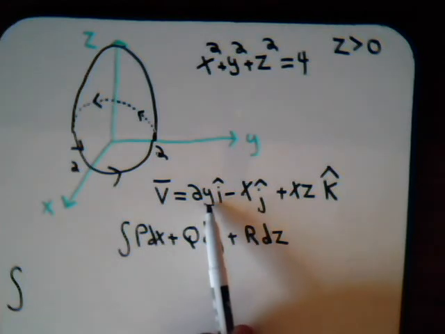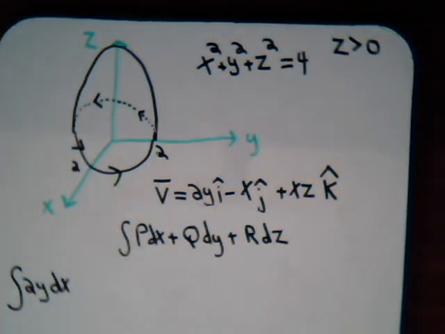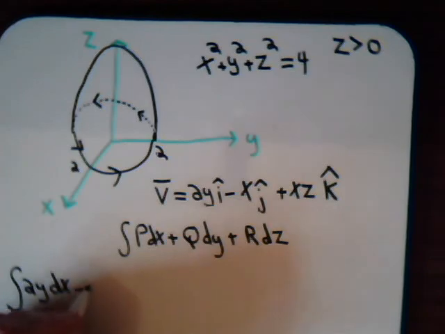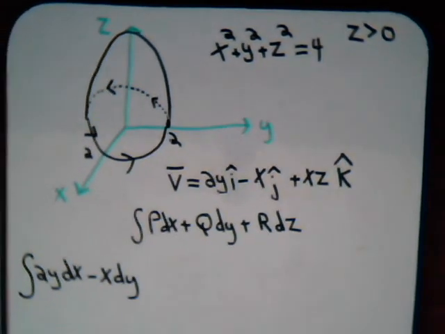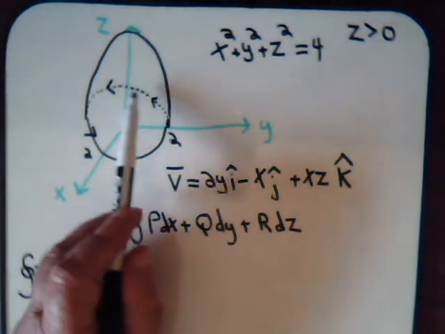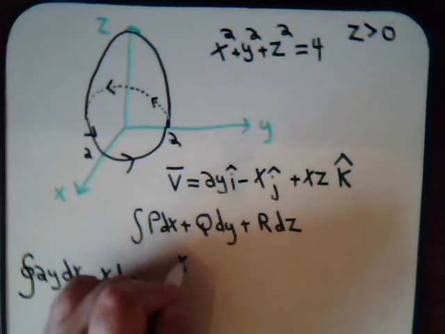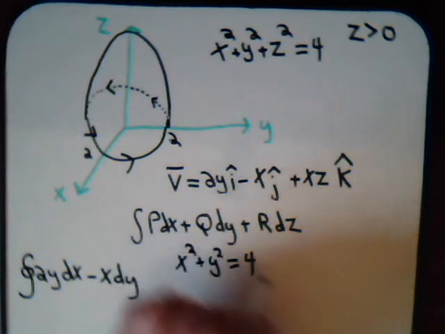It will be 2y dx and then we will have another component of this, which will be minus x dy. Z is 0. We're just down here in the xy plane now. So we want to take the line integral then about this circle, x squared plus y squared equals 4.